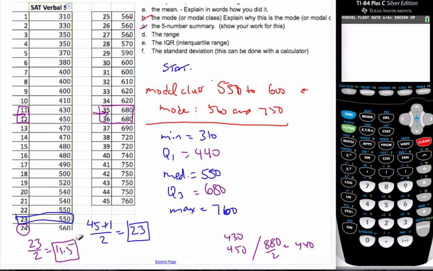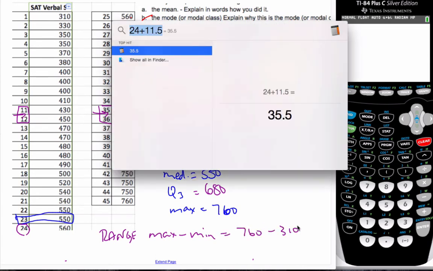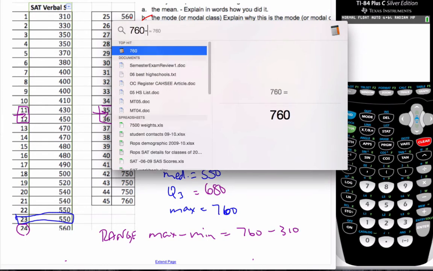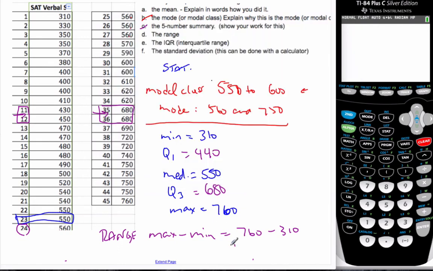The next thing I'm going to do is the range. When I have the 5-number summary, it's quite easy to do the range. The range is simply the maximum subtract the minimum, so it's 760 minus 310, which is 450. The range is 450.